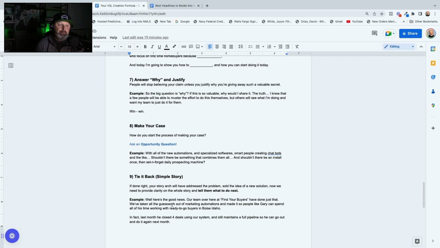So for example, the guide says, how do you start the process of making your case, which is ask an opportunity question. Here's an example. With all the new automations, specialized softwares, smart people creating chatbots and all that kind of good stuff, shouldn't there be something that combines all of them? And shouldn't there be an install once and then set and forget prospecting machine?